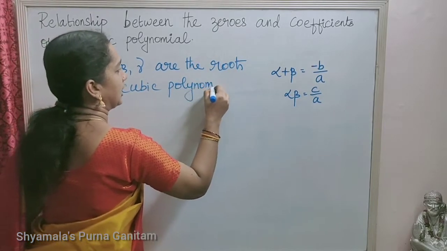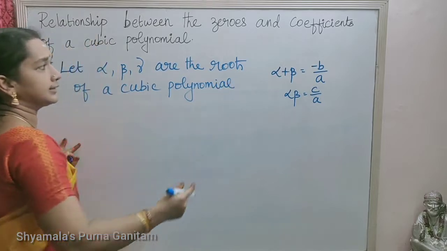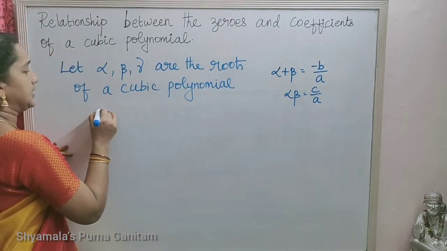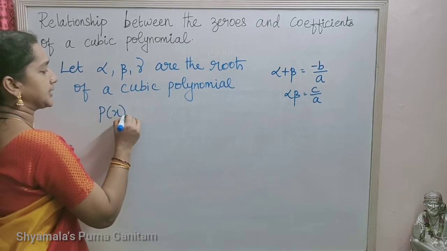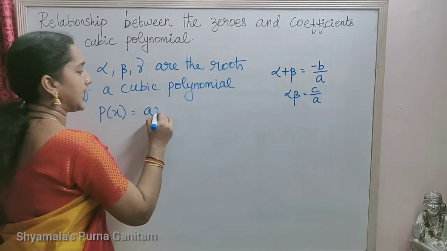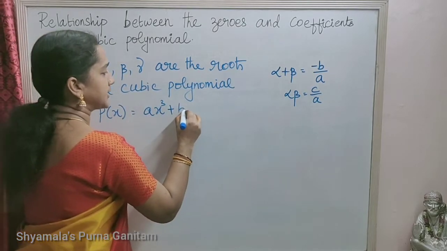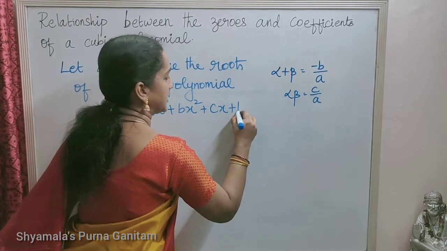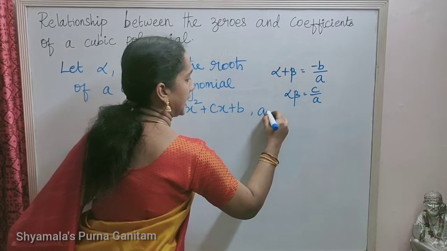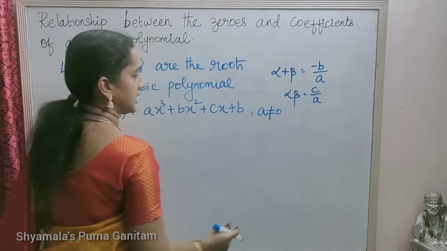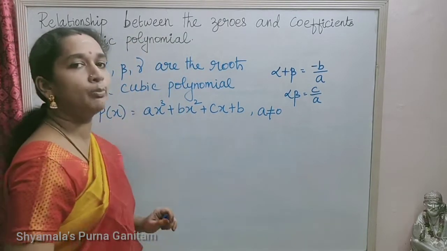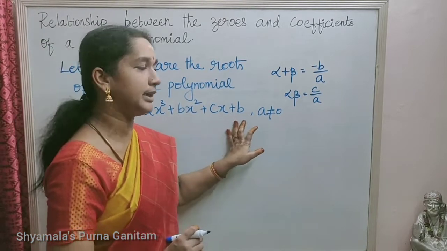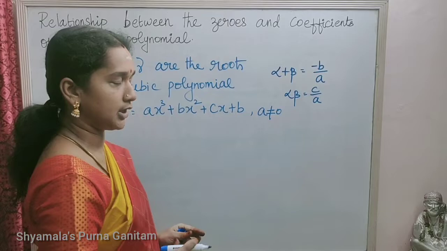So p of x is equal to ax cube plus bx squared plus cx plus d, where a is not equal to 0. So this is a cubic polynomial.